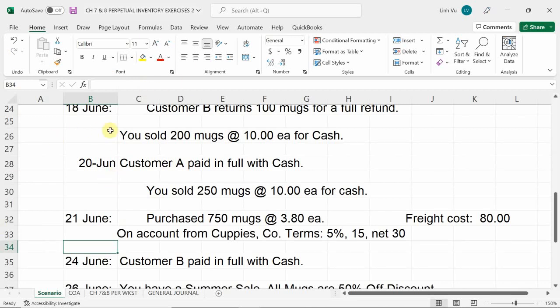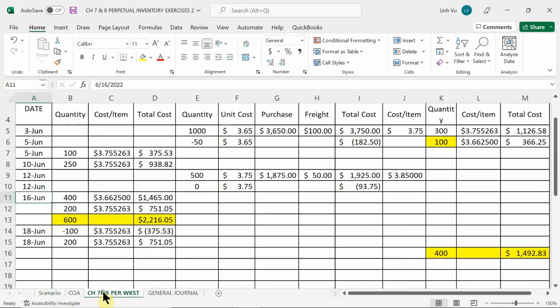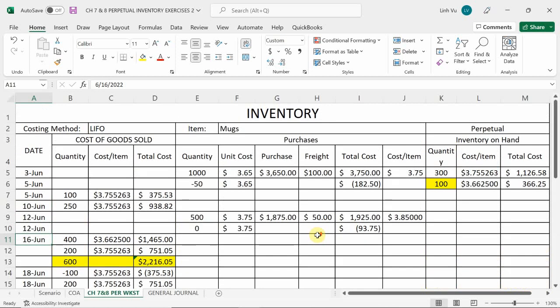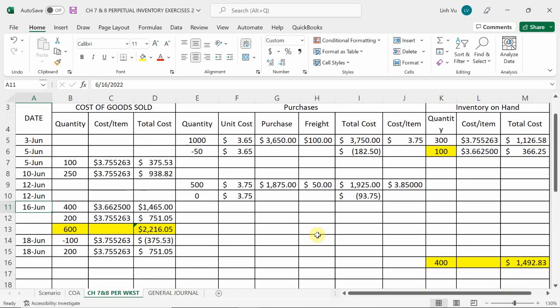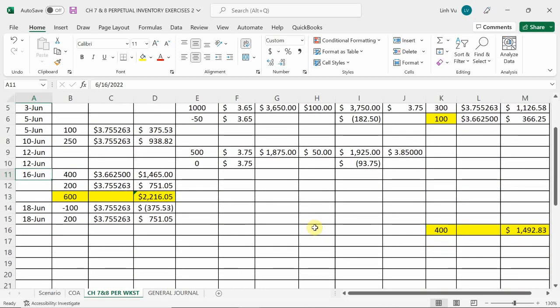So that very same day, you also end up selling an additional 250 mugs, $10 each for cash. Do we even have enough? Let's take a look. Oh, yes, we do. We got 300 from the first batch, and we got 100 from the previous batch, which we know is to be our large cups.